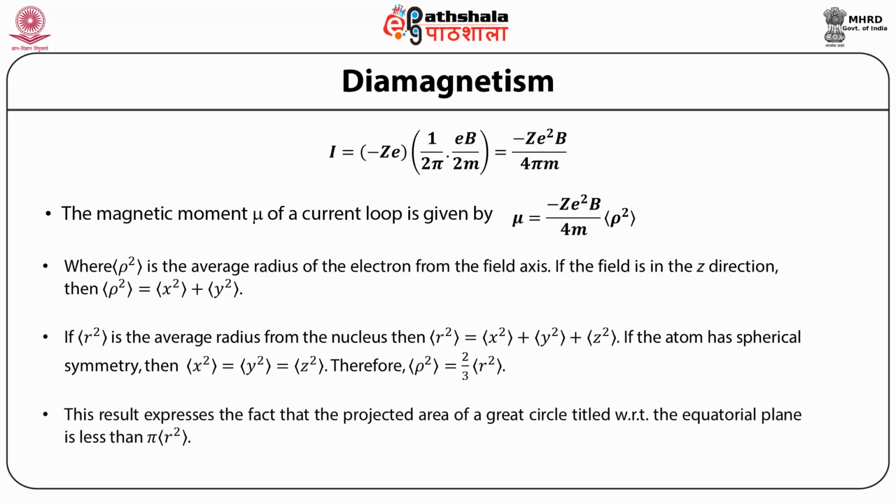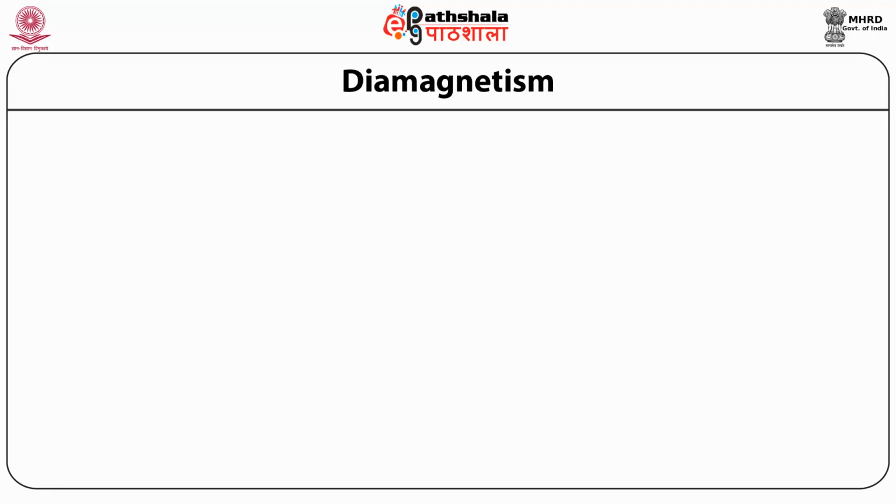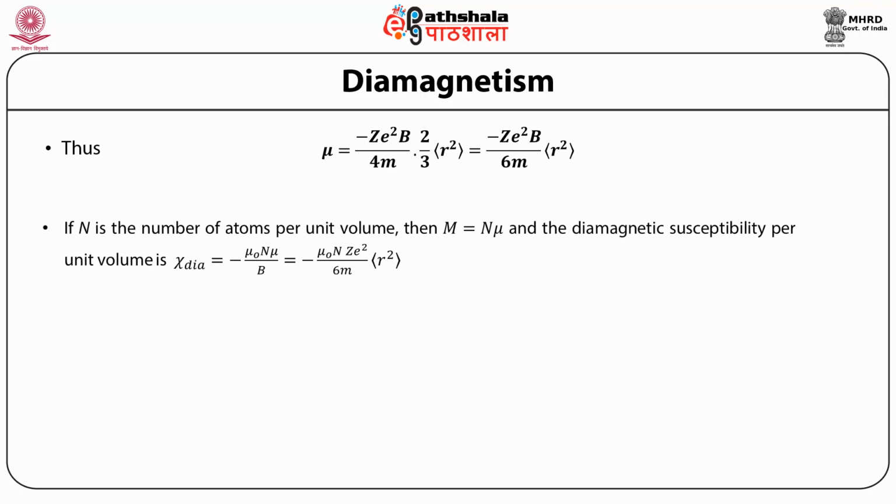This result expresses the fact that the projected area of a great circle with respect to the equatorial plane is less than pi r square. Therefore, mu comes out to be minus Ze square B by 4m into 2 by 3 r square, which is further equal to minus Ze square B by 6m into r square.